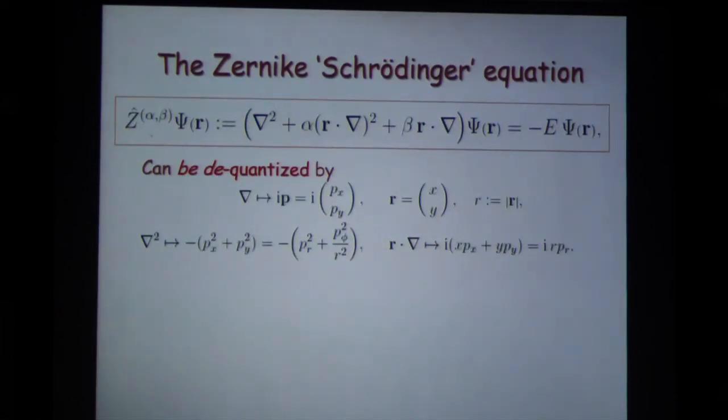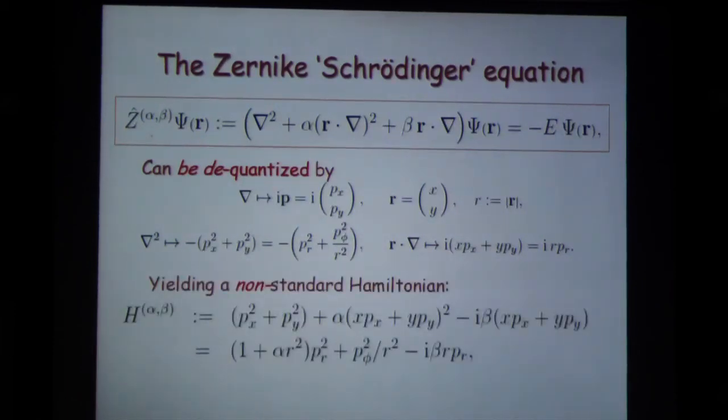So these are classical quantities, and they give us a non-standard Hamiltonian. This Hamiltonian, depending on alpha and beta, is this. This comes from the Laplacian. This comes from the r dot nabla squared. This is r dot nabla, and then we can write it in polar coordinates.